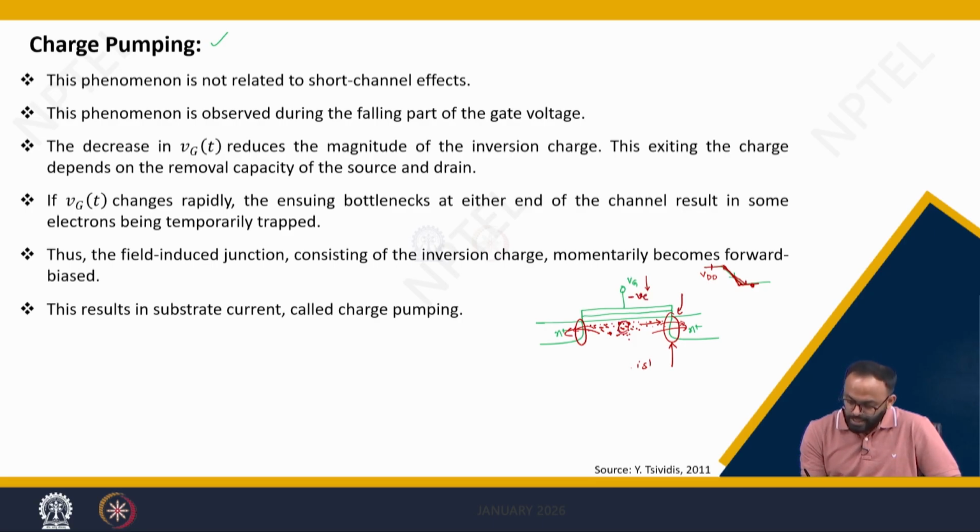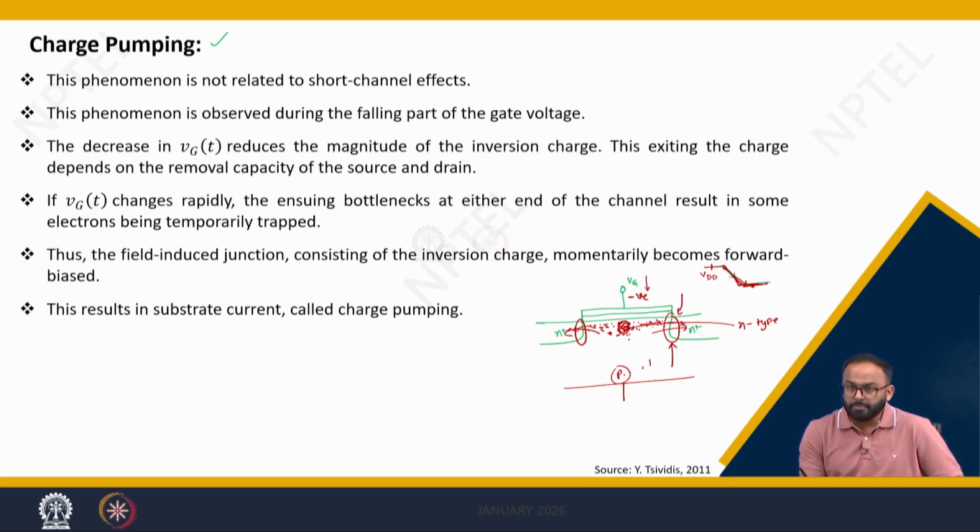You have some charges here, which are nothing but electrons. So this is n type and your substrate is p type. So the locally induced junction, which is nothing but the 100 charges which are trapped, and the p type substrate, becomes forward biased because the voltage is now negative and you do have some charges here.